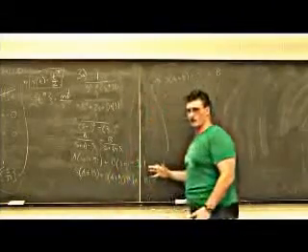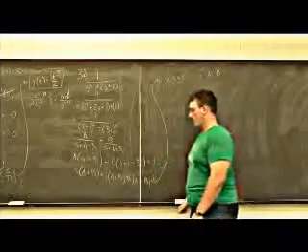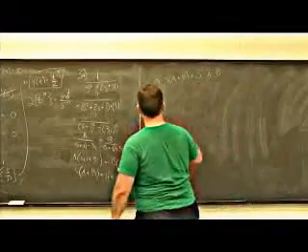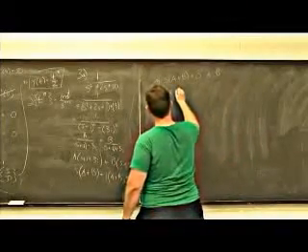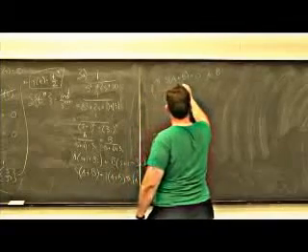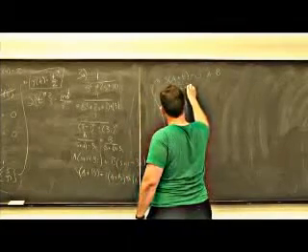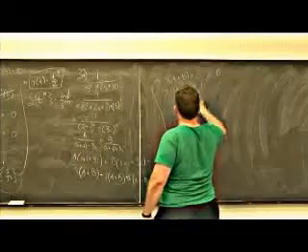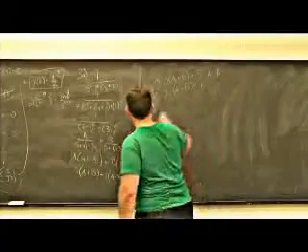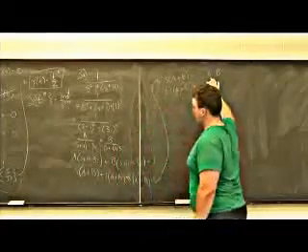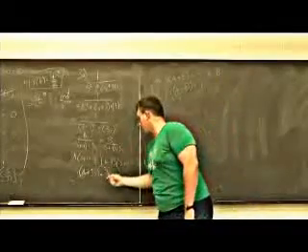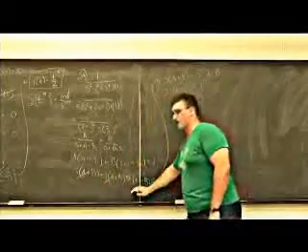Now don't get alarmed just yet, because we still have the 3i, right? So we have 3i of a minus b is equal to 1, because a plus b is equal to 0, a equals negative b, so both of these are gone. So we're left with this.